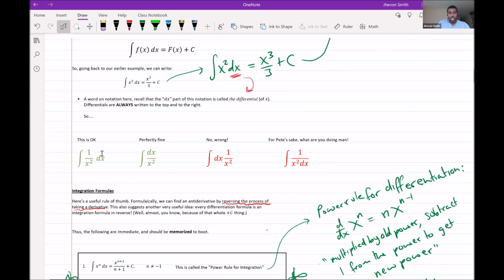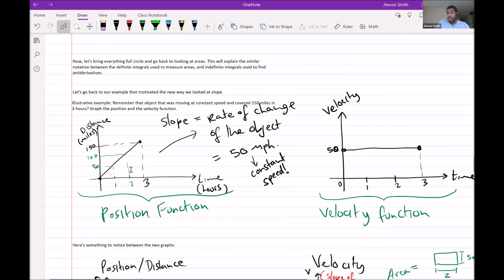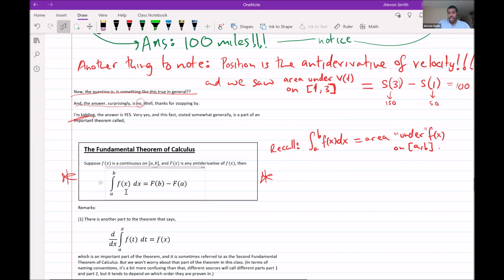We also looked at the connection between antiderivatives and areas, which is ultimately what the fundamental theorem of calculus was about. It's telling you pretty much that a shortcut for finding an area is finding the difference in the antiderivative. I went off on a tangent about what that all means and what it can tell us about calculus and life.